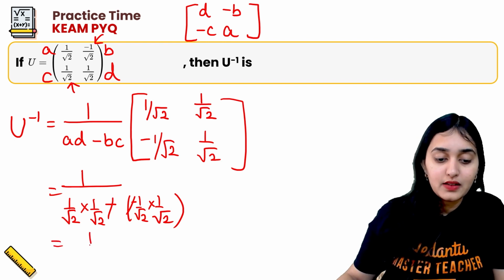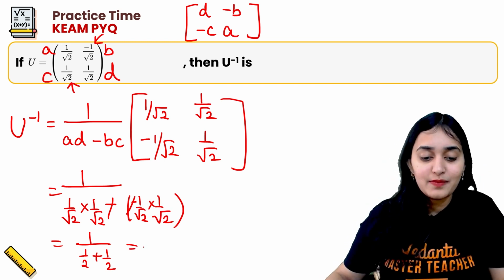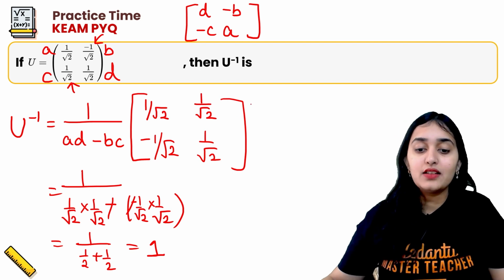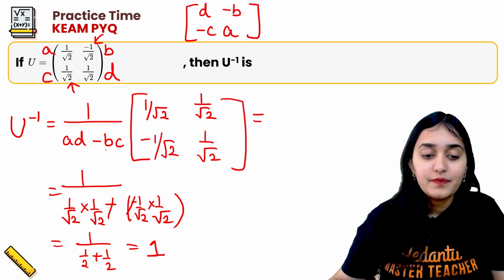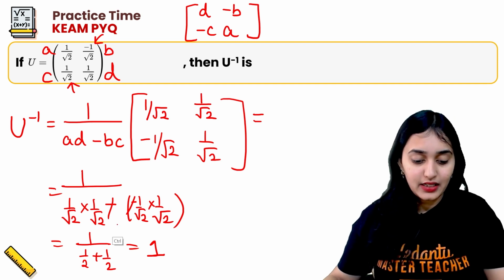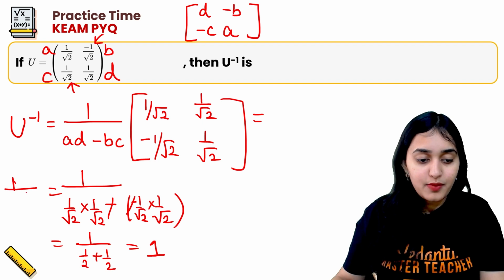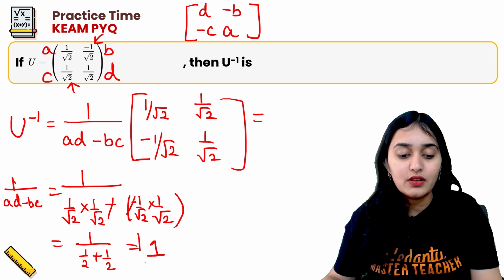So this becomes 1 upon 1 by 2 plus 1 by 2. Half plus half is 1, right? So AD minus BC becomes 1. Let me just write it over here. 1 upon AD minus BC is 1 upon 1 by 2 plus 1 by 2, which is equal to 1.